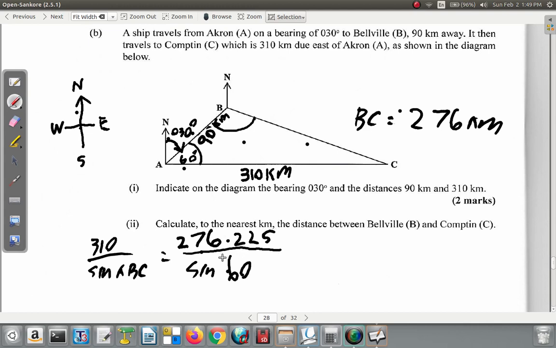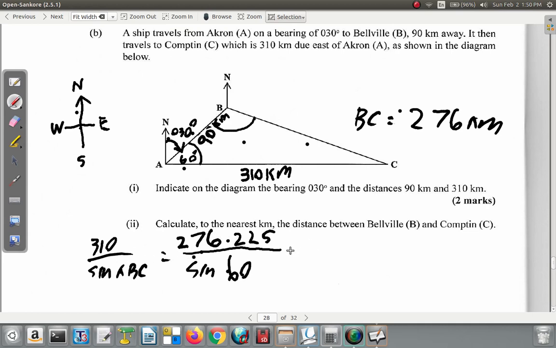Alright, you have various ways of doing this. You could cross multiply. You could multiply both sides by sine ABC, then multiply by sine 60 and divide by 276.22. You could invert both sides and then multiply, whichever way you want to do it.